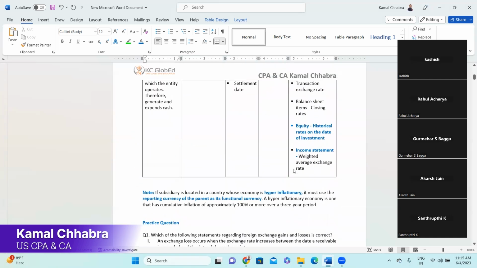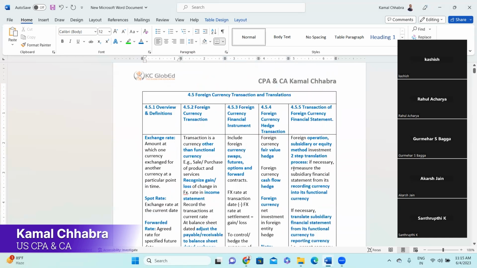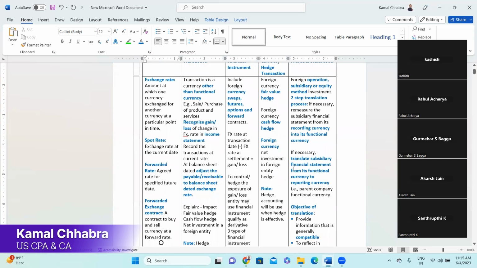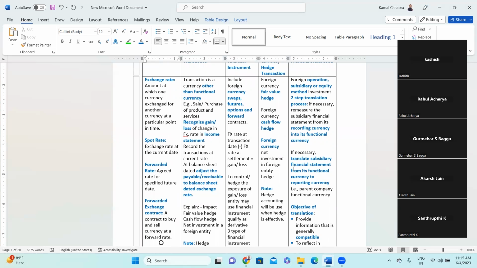So these are a few definitions we need to understand for foreign currency transaction and translation. First one is foreign currency transaction. A transaction in a currency other than the functional currency, for example sales or purchase of product or service.